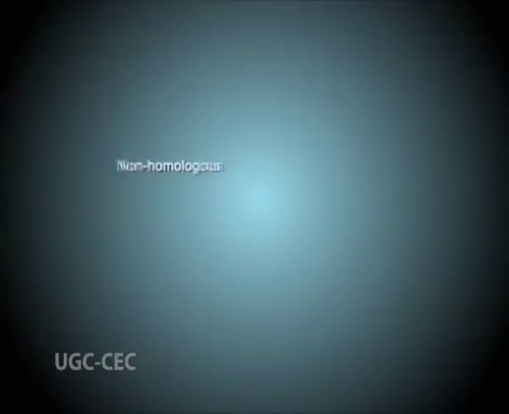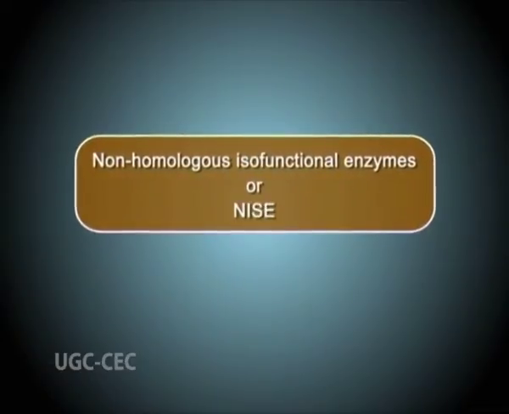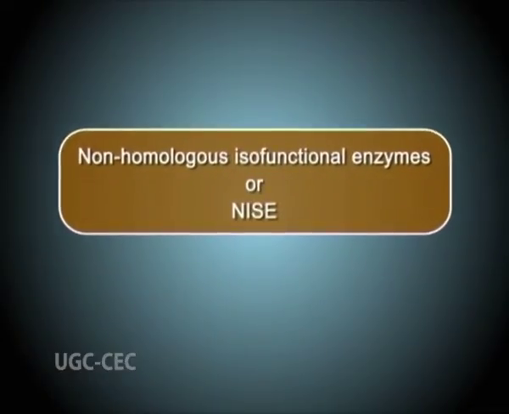If different enzymes, for instance from different organisms, catalyze the same reaction, as in the case of aldolase, then they receive the same EC number. In addition, through convergent evolution, completely different protein folds can catalyze an identical reaction and therefore would be assigned an identical EC number. These are called non-homologous isofunctional enzymes, or NISE.